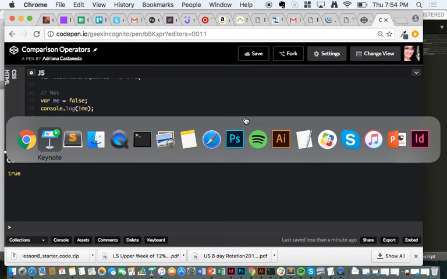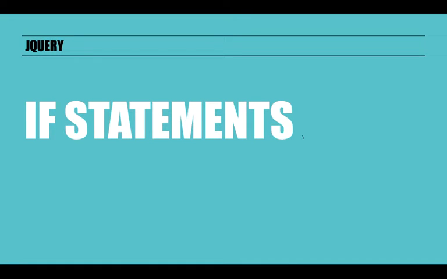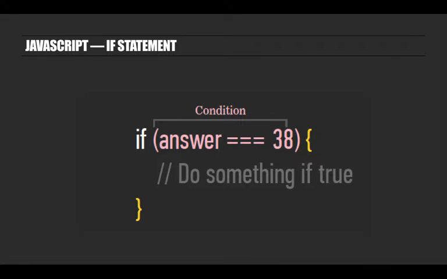Okay, so let's move on. So if statements. So with if statements, this is going to be the syntax that we're going to follow. So first we have to say if, and then parentheses, and then we need to give it a condition to check. So here we're saying if answer is equal to 38, then do this.